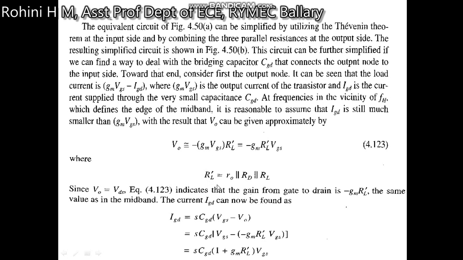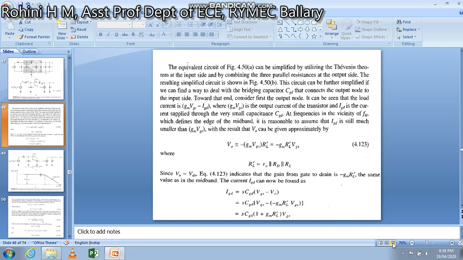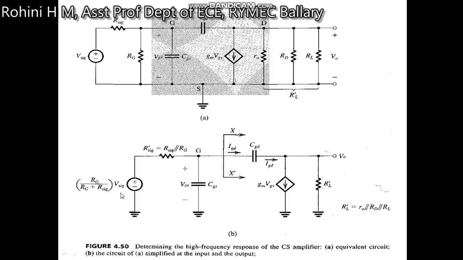RL dash is a Thevenin's equivalent resistance, given by R naught parallel with RD parallel with RL. Look at this circuit: RL dash is the parallel combination of all three resistances. These three are connected in parallel.